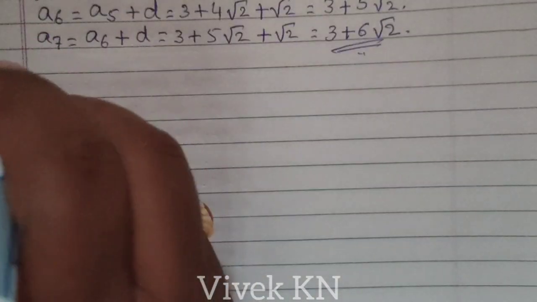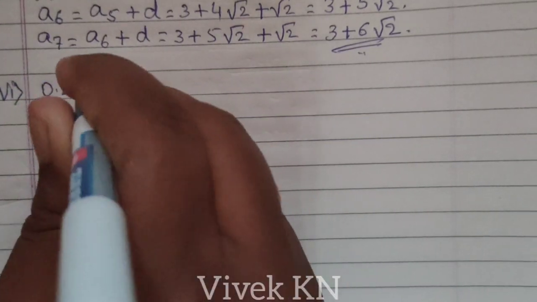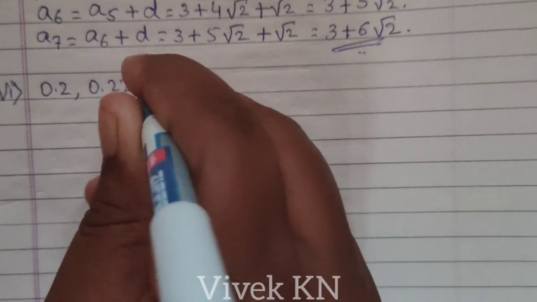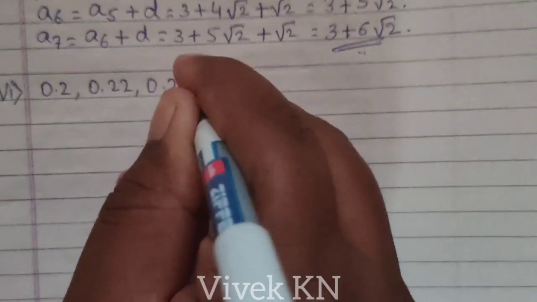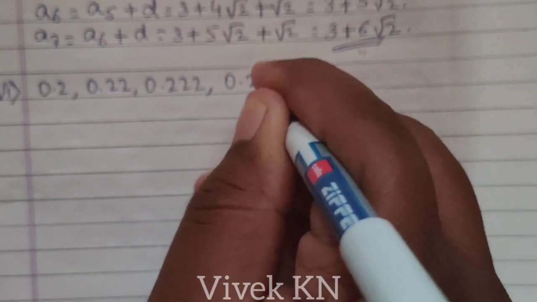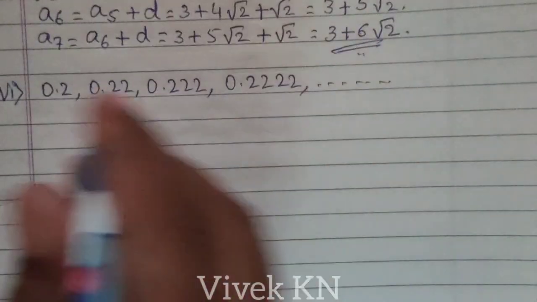Next, 6th question: 0.2, 0.22, 0.222, 0.2222 and so on.